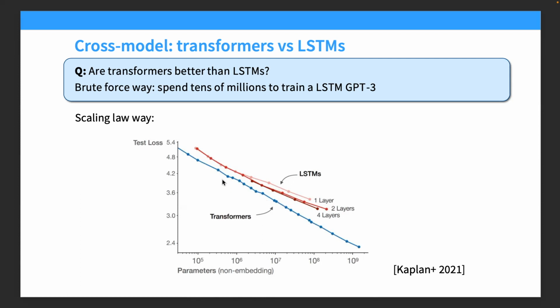Then you can scale it up to predict what the performance would be like if we increase the model size. From here we see that the gap is obvious, so people converged on using transformers for NLP tasks instead of LSTMs. Without actually training millions or even billions of parameters to compare really big LSTMs or transformers, you can just train the smaller ones, compare the performance, observe different data points, and then scale it up to a larger scale.